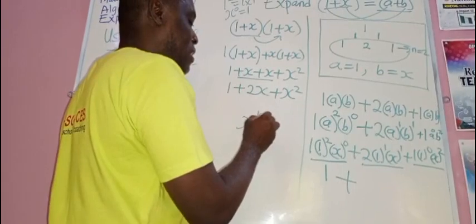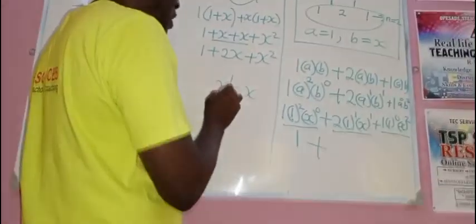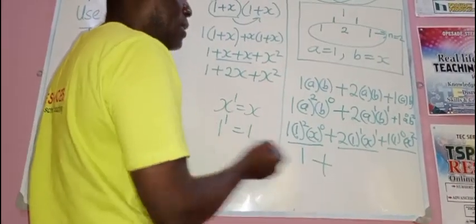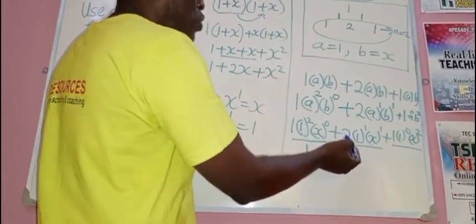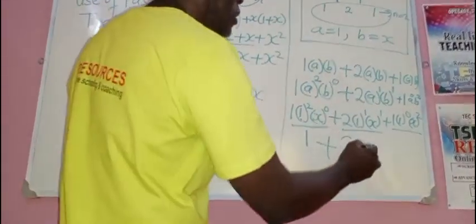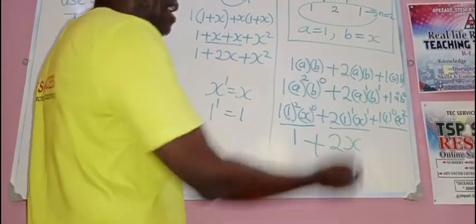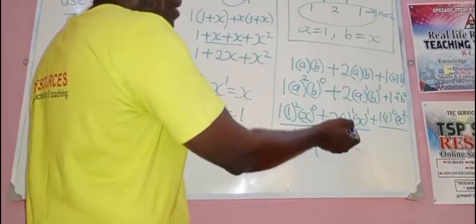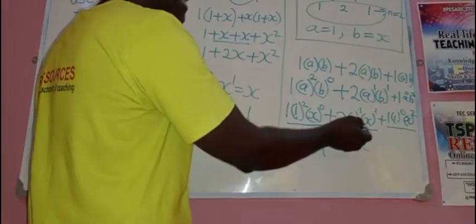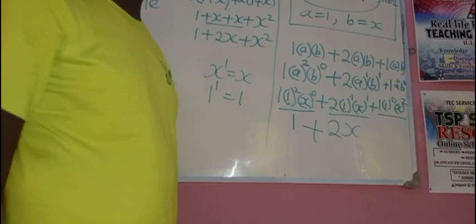What is 1 raised to power 1? 1. Then times 2, so 2 times x times 1 would be 2x. x raised to power 1 is x, 1 raised to power 1 is 1, 1 times x is x, times 2, 2x. Do you understand that?